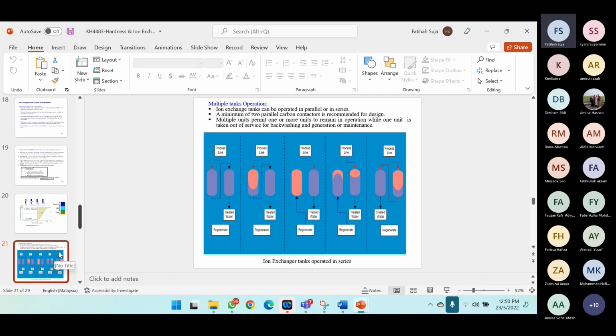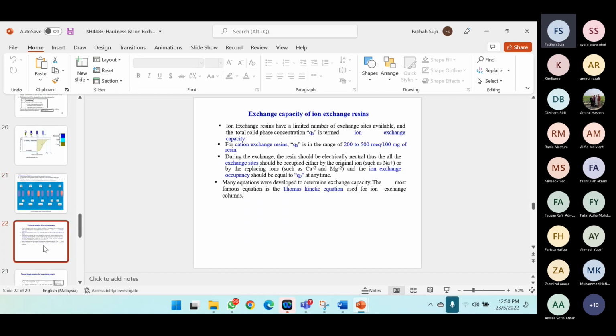So you need to always think about having another system when you need to backwash or service the ion exchanger. Okay, exchange capacity of ion exchange resin. Ion exchange resin has a limited number of exchange sites available, as we have discussed previously. The total solid phase concentration is termed ion exchange capacity.